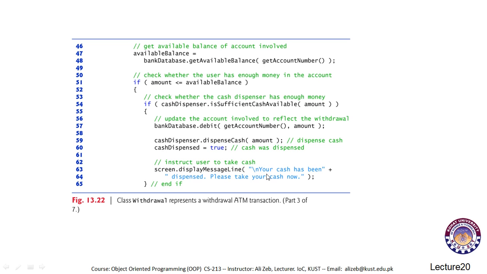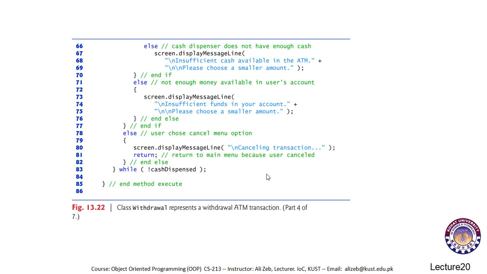Your cash has been dispensed. Please take your cash now. And alternatively, if the cash is not available, another message will be displayed on the screen. Similarly, if the amount is insufficient, a message will be displayed on the screen.